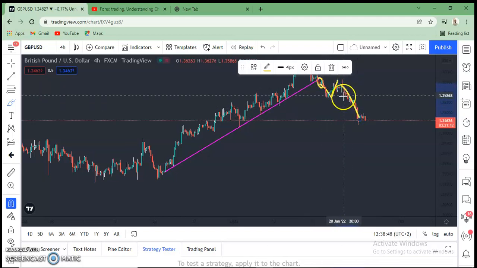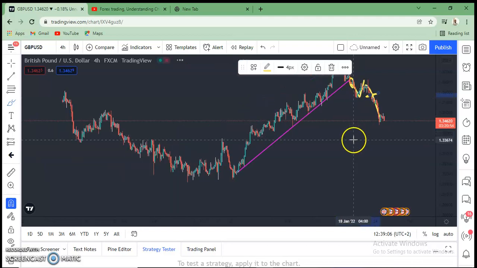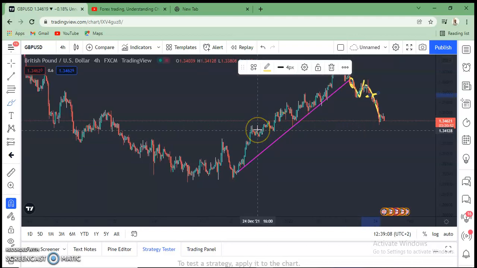So the correct point to sell this trade was here, the same point as the previous low here. So we could have just sold here and we could have made money. I hope you understand how we use the trend lines.